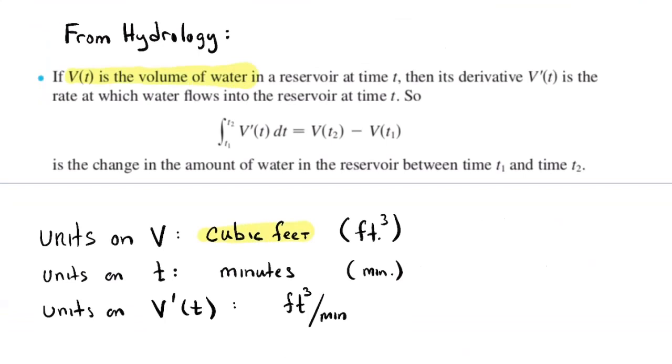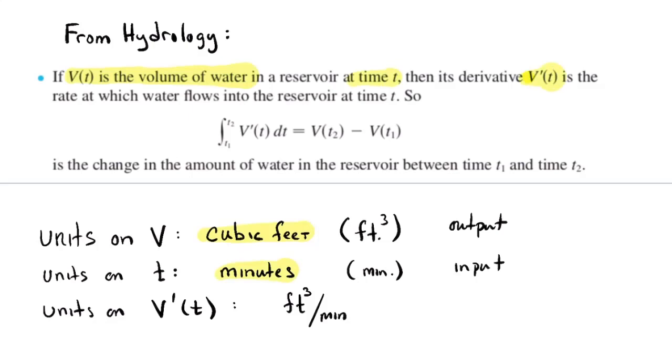In a reservoir at time t. So I put some time units on it. I said minutes. So the units on t might be minutes if we inserted those. So this is just a review question. What are the units on derivatives or rates of change, right? Here, the output function is V. The input is the variable t.